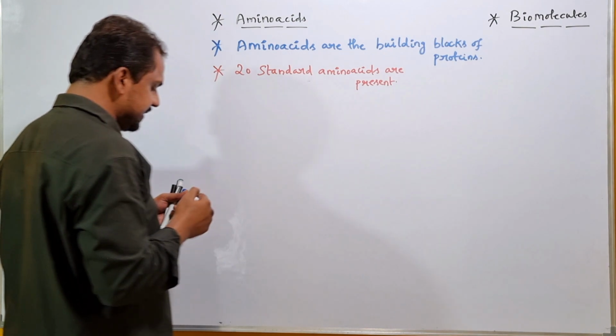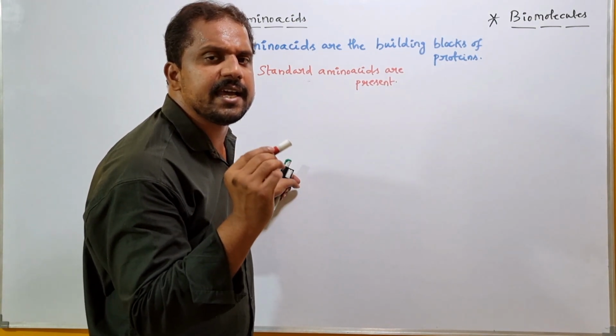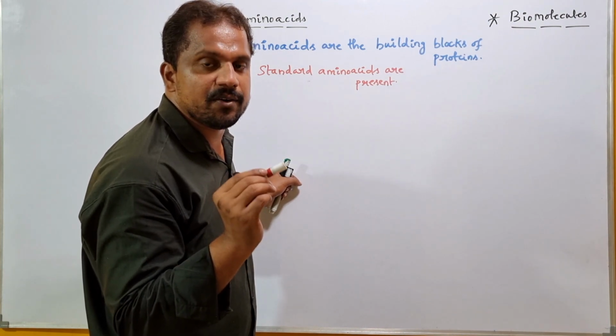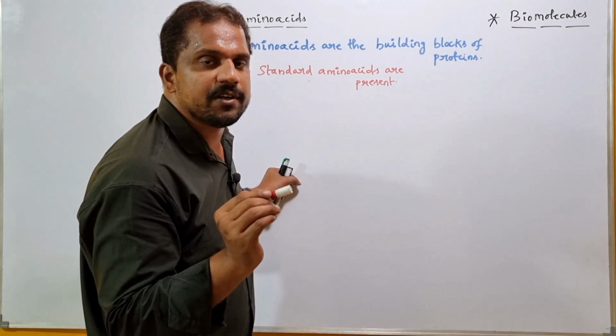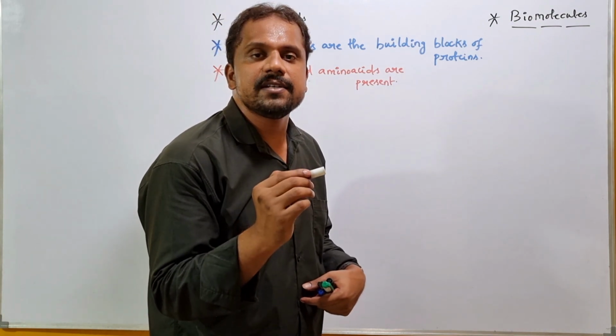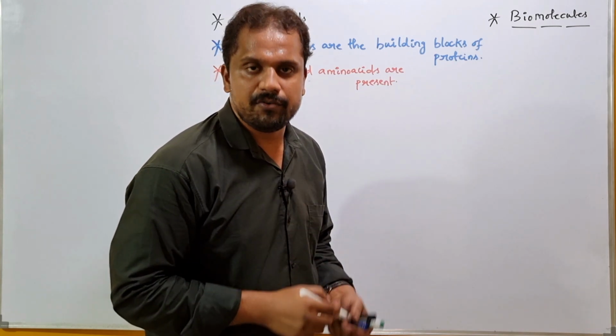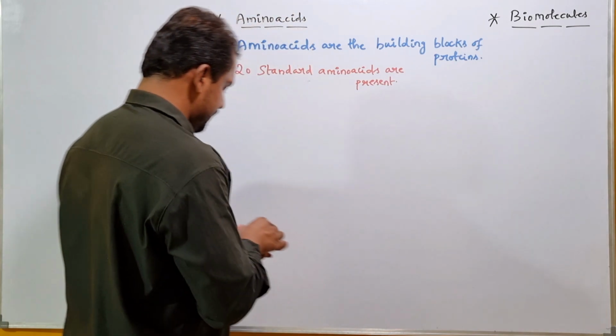And if we consider the structure of the amino acid, the particular amino acid structure has two functional groups, and these include the amino group and the carboxylic group. In addition, the amino acid contains a single hydrogen atom, and also one R group. So let me write it here.